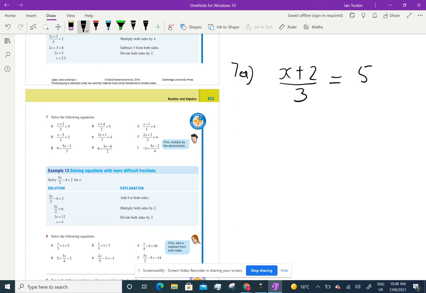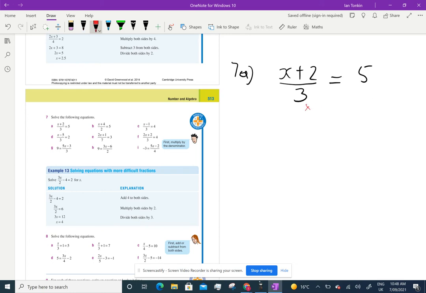And you just have to make sure that you do it in the right order. So what are you going to do first? Are you going to get rid of that 3 or are you going to get rid of that 2? Well, normally if you were just doing this as a sum, you'd do the top and then divide by the bottom. But because this is an undoing, we're going in the reverse order. We're going to get rid of that 3 first and then get rid of that 2.